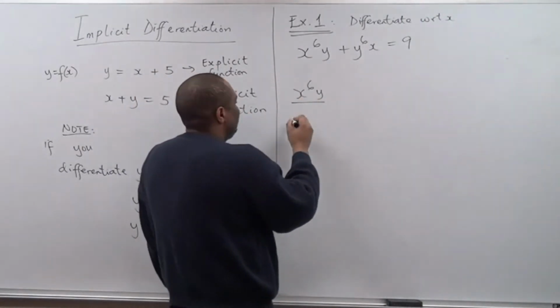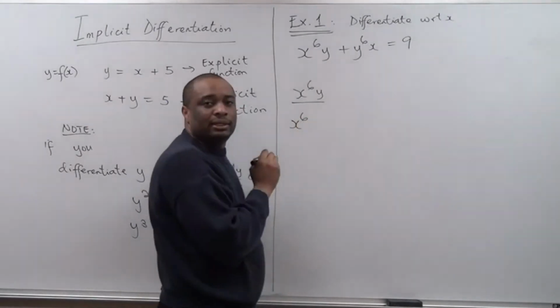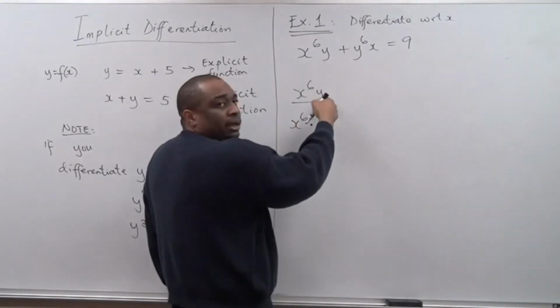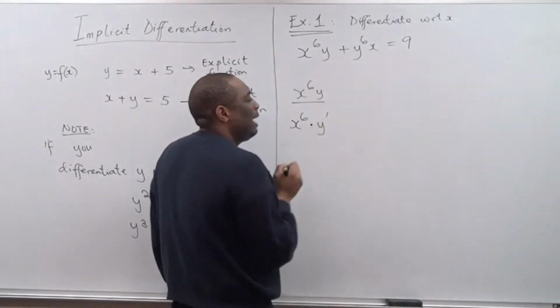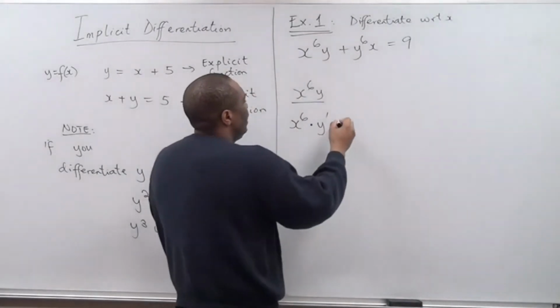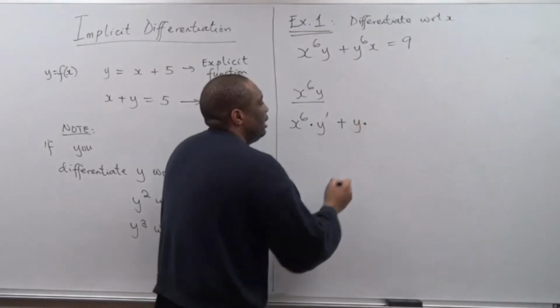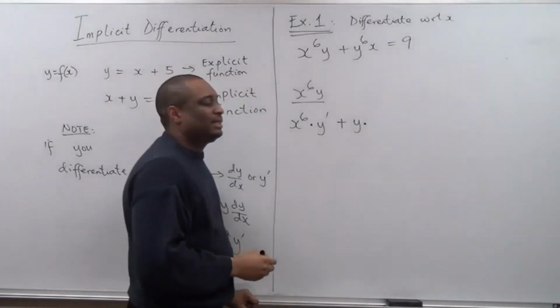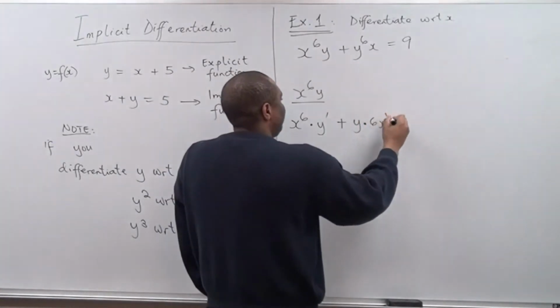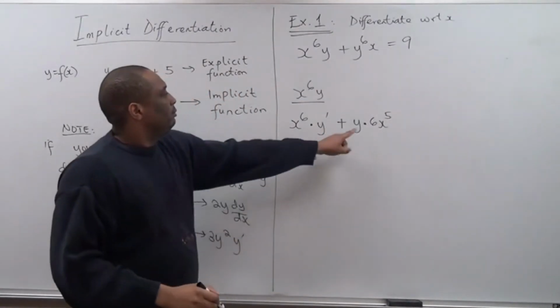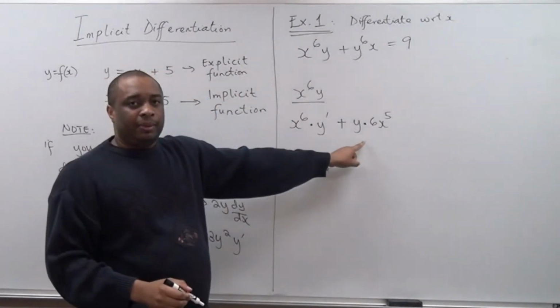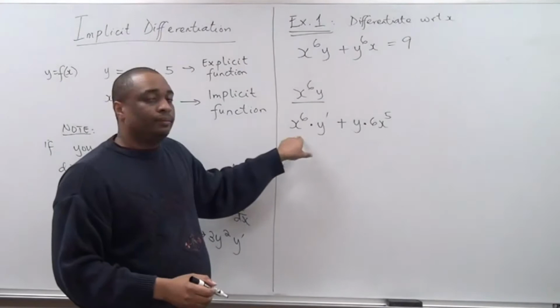You keep x^6 constant, and you differentiate y, which gives you y prime or dy/dx, plus you keep y constant, and you differentiate x^6, it gives you 6x^5. So that is what it will give you for this one.